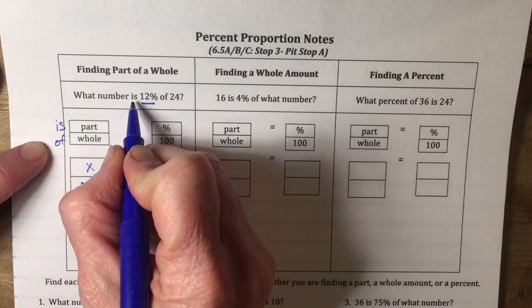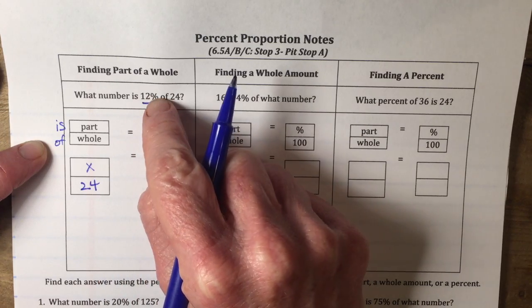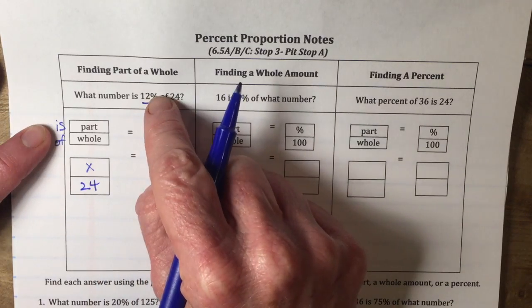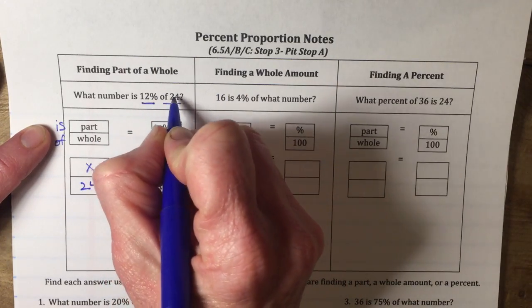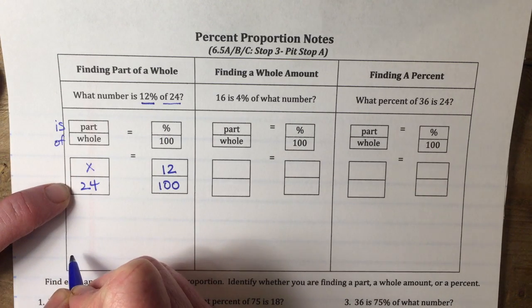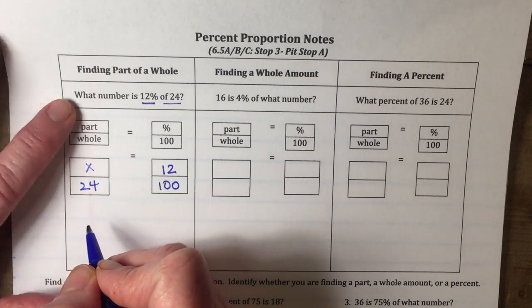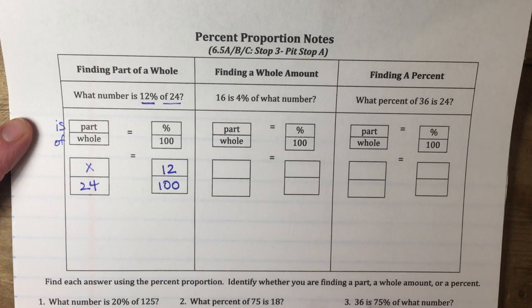In this case, the "is" comes before the percent. I know this has to be the percent because of the percent sign, so 12 is the percent, not the part. But for "of 24," since 24 follows the word "of," I can use that to determine that 24 is the whole. If this just confuses you, then you don't have to use it. It's just one of the tricks that we like to show you in case it's helpful.